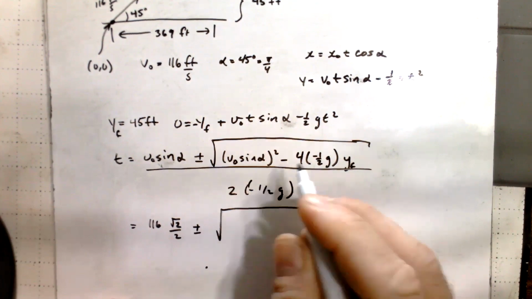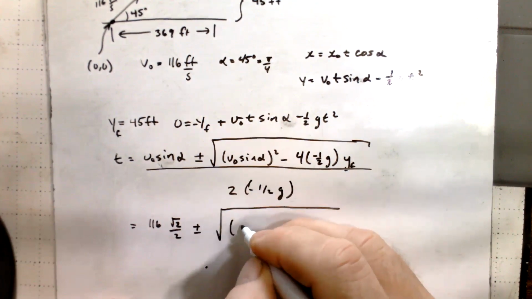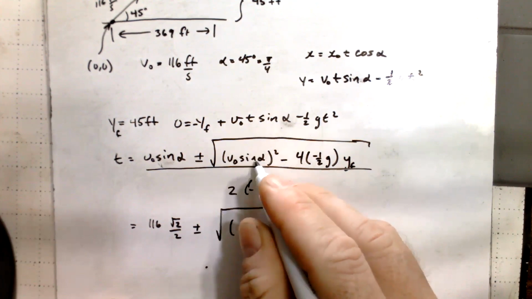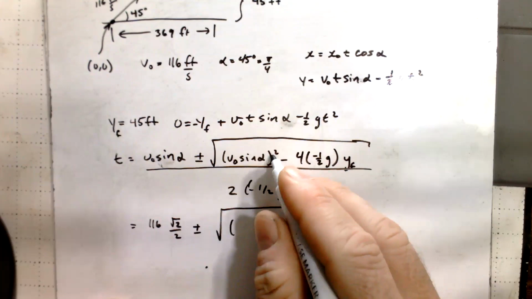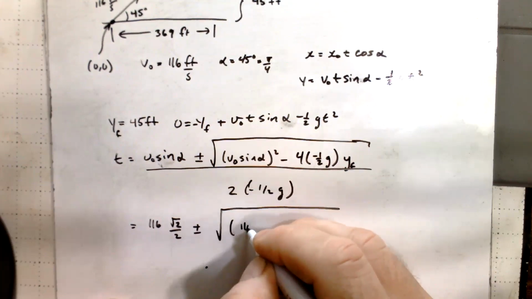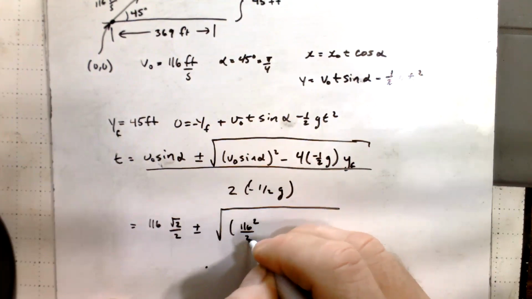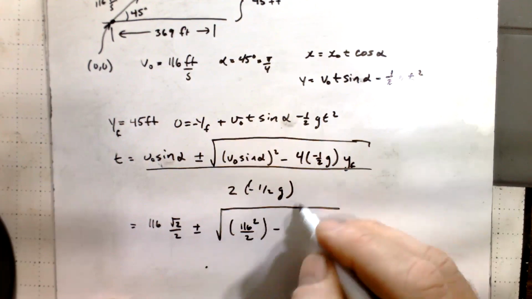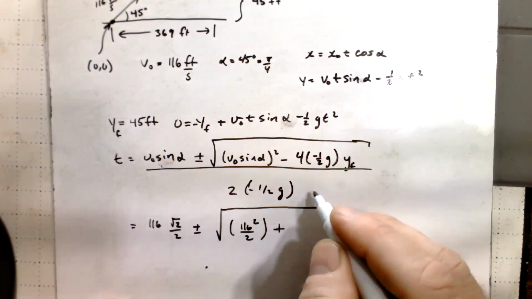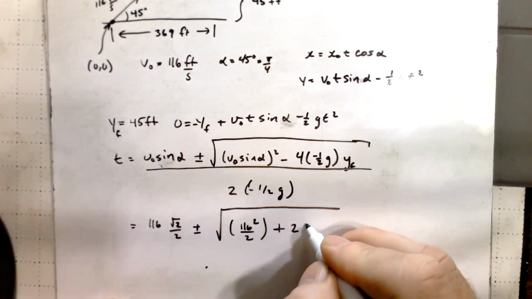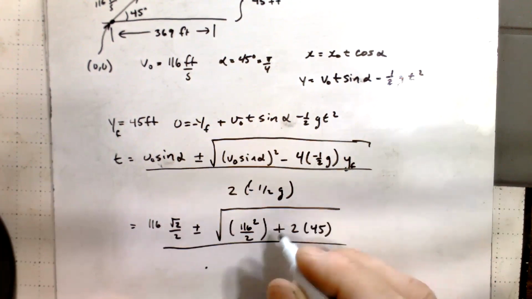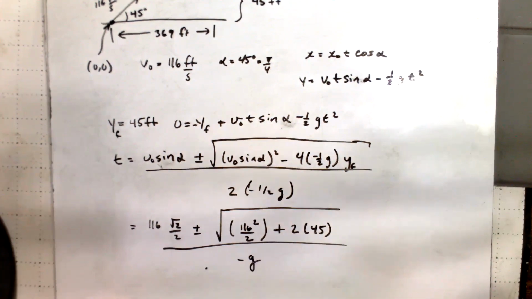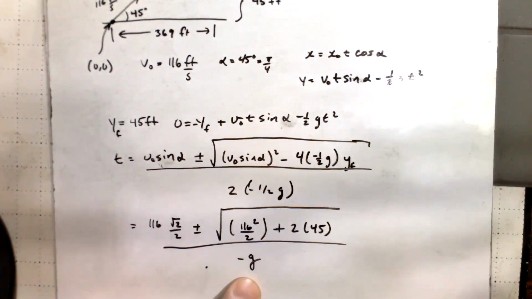Square roots of, well, sine of 45 is 1 over square root of 2, so with the square it's going to be a half. So this is going to be 116 squared over 2 plus 2 times y final, which is 45, all divided by negative g. And g for us will be 32.